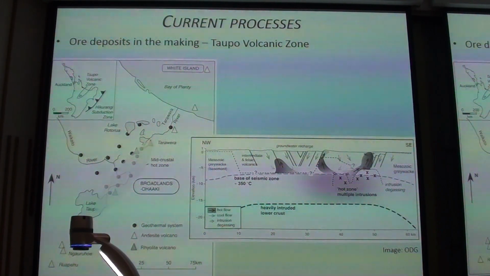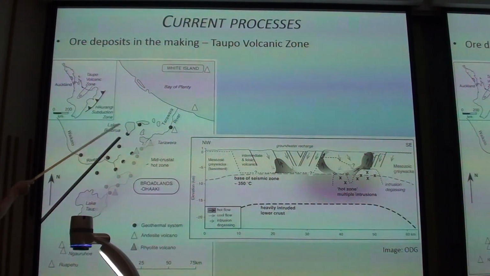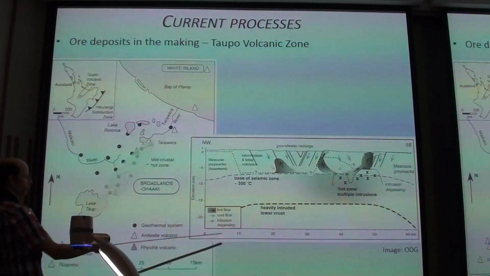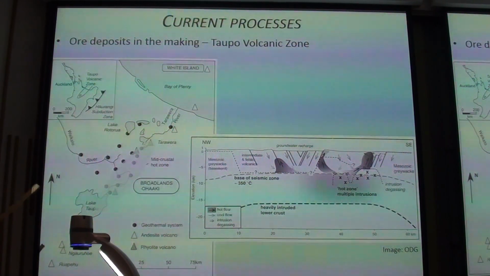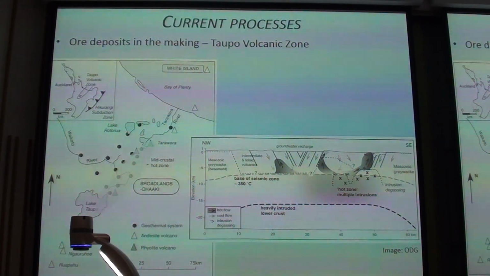So the Taupo volcanic zone, as we mentioned, is where such systems are forming as we speak. And these dots are all geothermal systems due to basically injection of magmas from the subduction zone.